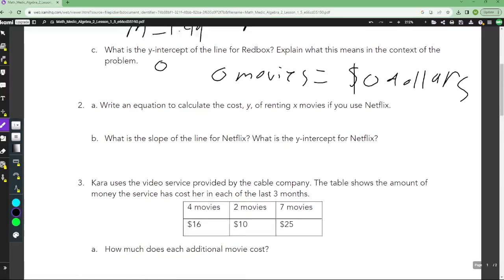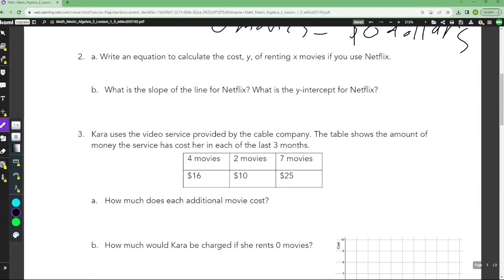Now we're going to write an equation to calculate the cost y of renting x movies if you use Netflix. Now, Netflix is not based on how many movies you rent. It is based on a monthly pay. So there is no slope, or rather, the slope is equal to 0. So it is y equals 0x, and then the cost is $8.99 a month.